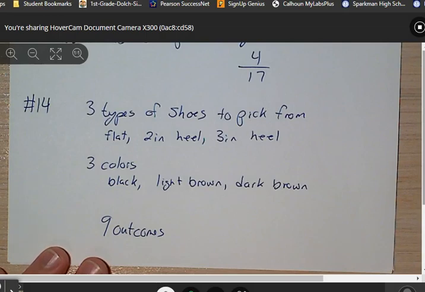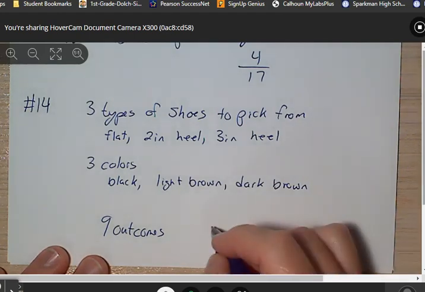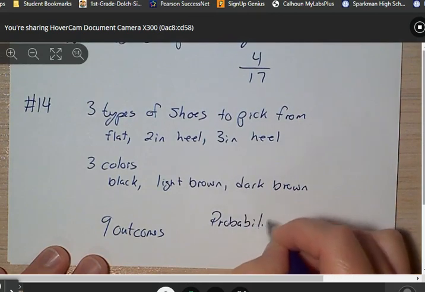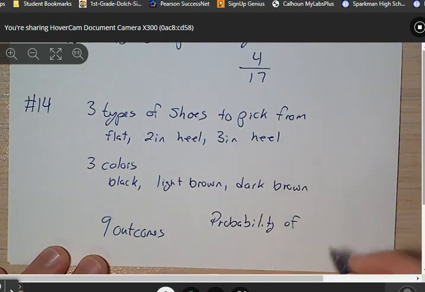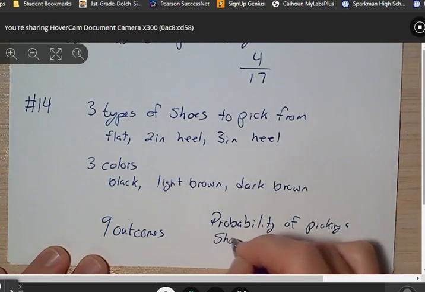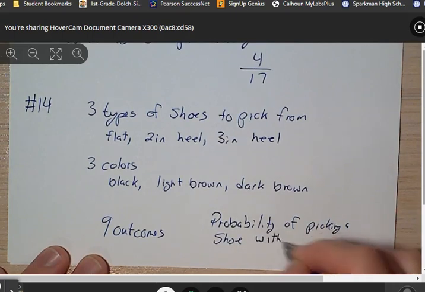And then they may ask you, if you go through this one, what's the probability of picking a shoe with a heel?